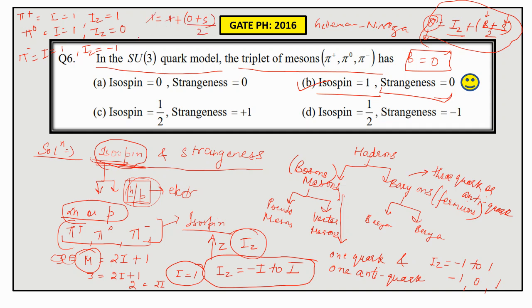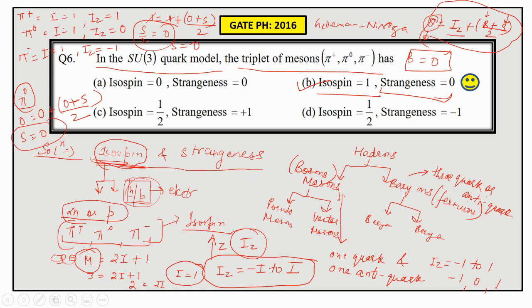This 1 and 1 will give 0. S by 2 equals 0, so S equals 0. Now I am going to find it for pi 0. For pi 0, charge is 0, Iz is 0, baryon number is 0, strangeness you need to find out. So S is 0.